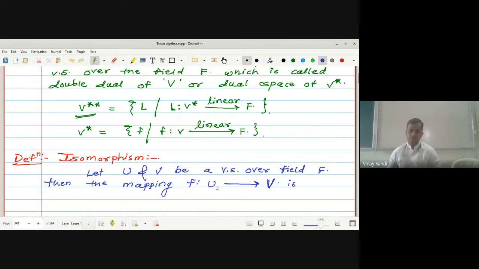A mapping f from U to V is called an isomorphism.